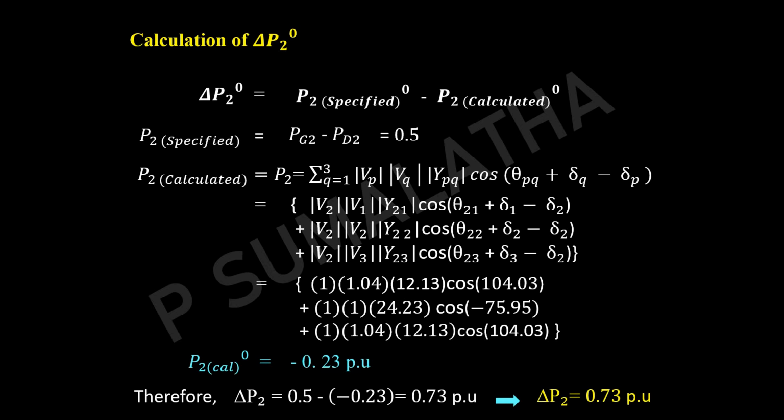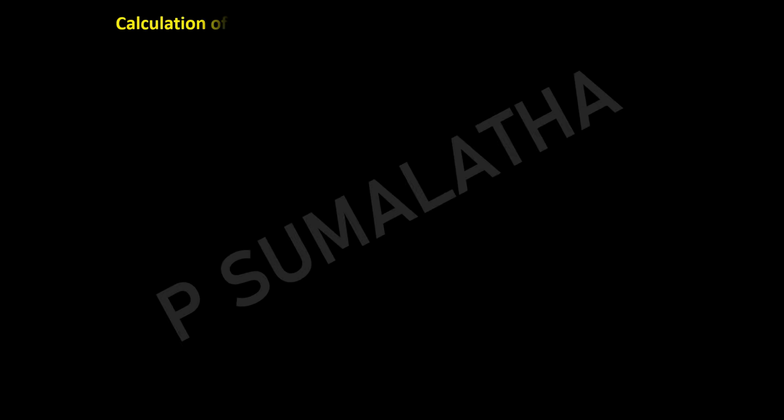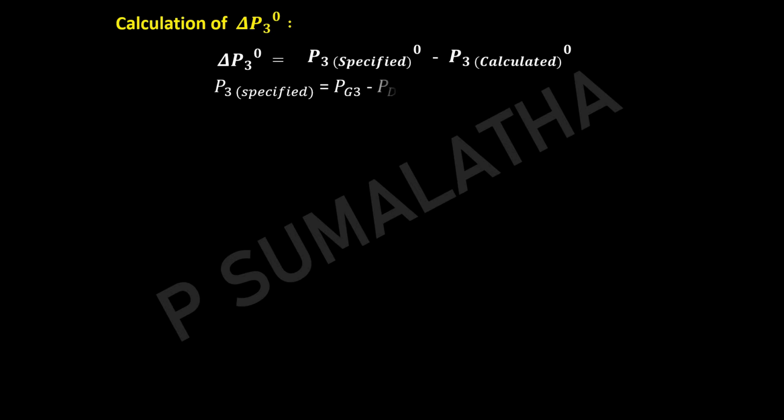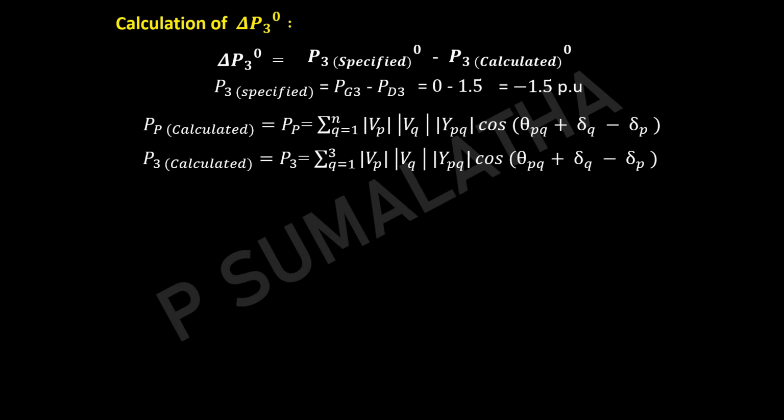Now let us calculate delta P3 naught. Delta P3 is P3 specified minus calculated, and the specified quantity is generation minus demand of that particular bus, that is equal to minus 1.5 per unit, and the P3 calculated value is represented by this equation.